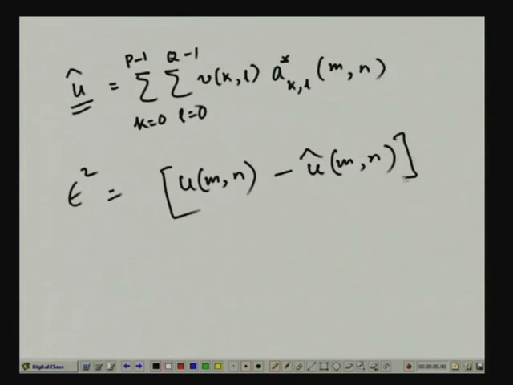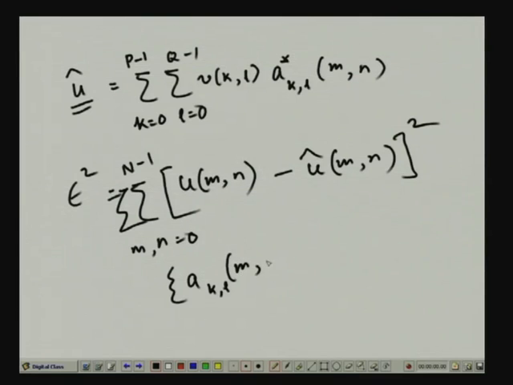And it can be shown that this error will be minimized if our set of basis images, that is a k l m n, is complete.